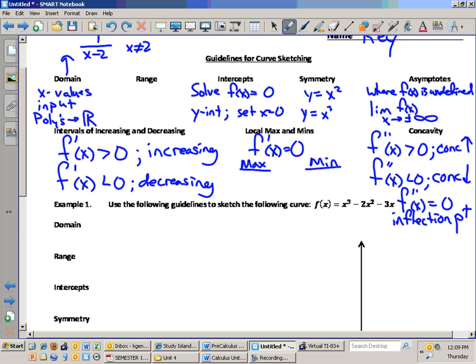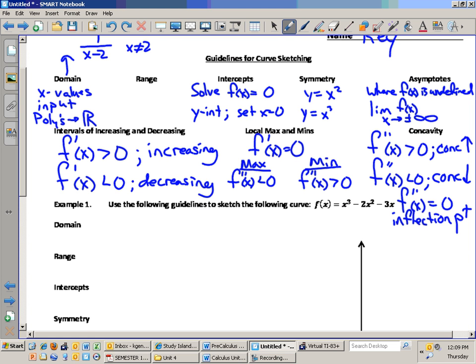Down. So for a max, f double prime of x is negative. And if you have a minimum, is that concave up or down? Concave up. So f double prime of x would be positive.